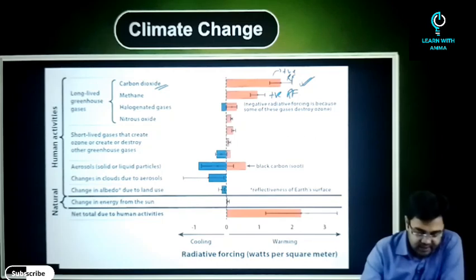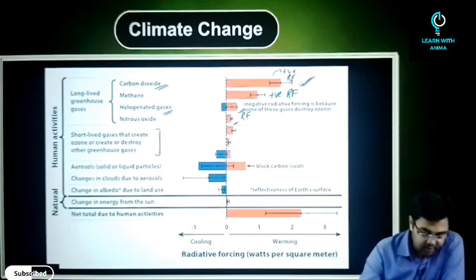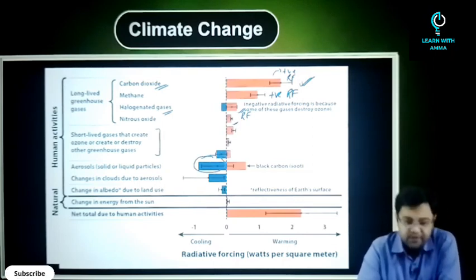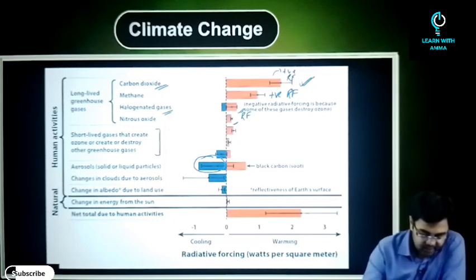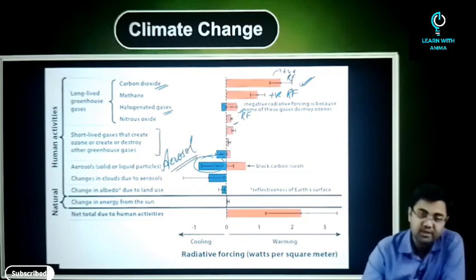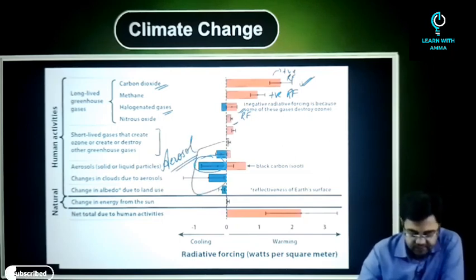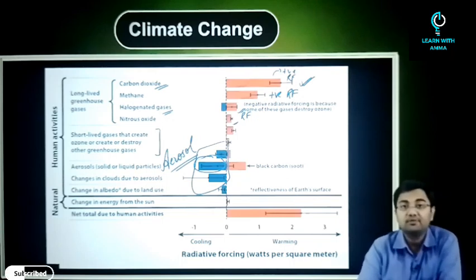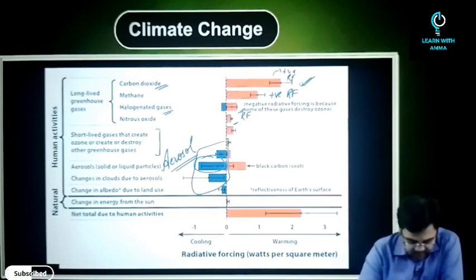Similarly, you would see that halogenated gases also have positive RF. Same with nitrous oxide. Then if we talk about the negative radiative forcing, you would see that normally it is happening due to the action of aerosols. What are aerosols? We'll have a discussion on that also. But basically you have to understand that aerosols have a negative radiative forcing.